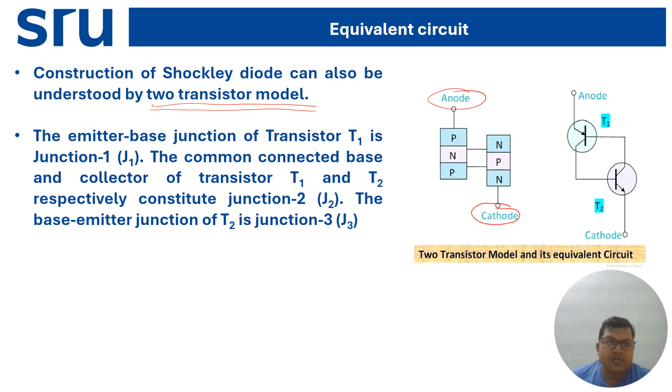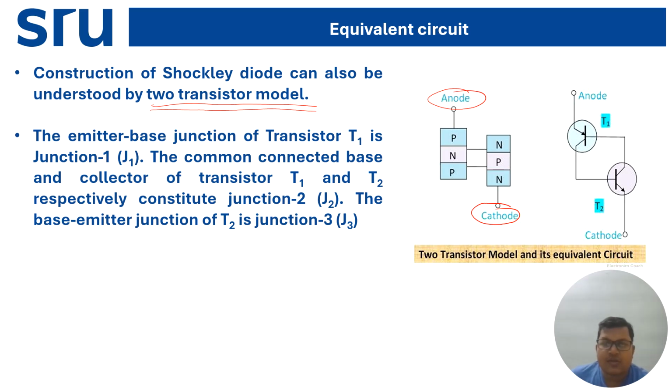The emitter base junction of transistor T1 is the junction J1, and the commonly connected base and collector of transistors T1 and T2 respectively constitute junction 2.